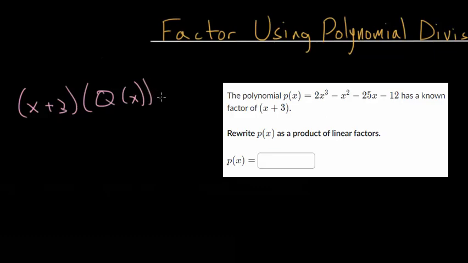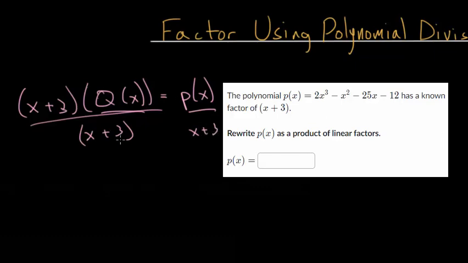And this will be equal to our polynomial p of x. So to figure out what this smaller polynomial expression is, so that we can further factor that, we can divide each side of this equation by that known factor, x plus 3. And by doing that, we would get our missing polynomial here.